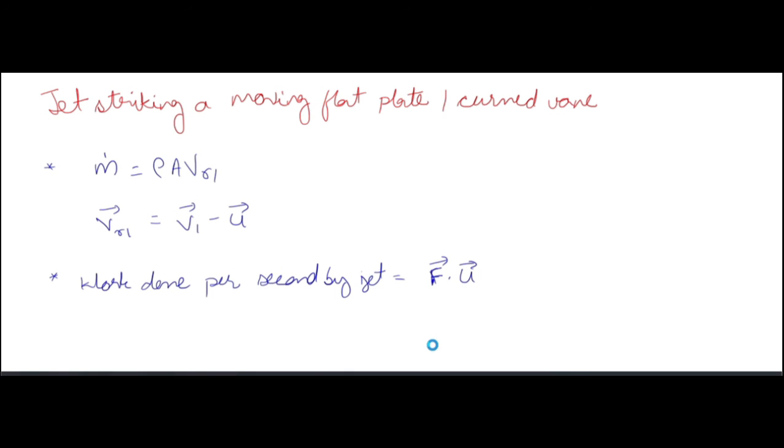Here vr1 is the relative velocity, equal to v1 minus u, where u is the velocity of the moving plate. And the work done per second by the jet is equal to force into the velocity in the direction of the force.